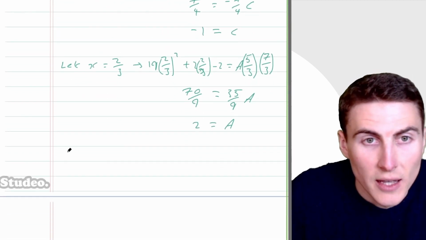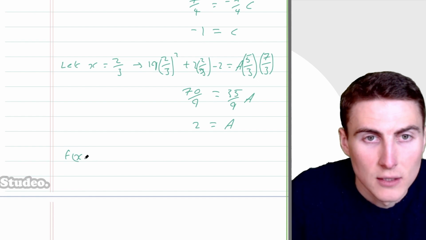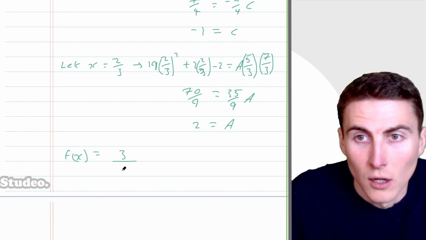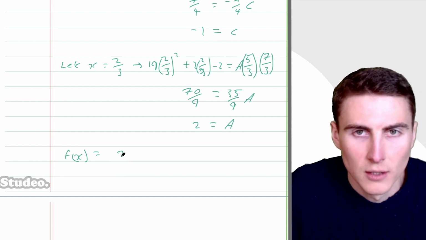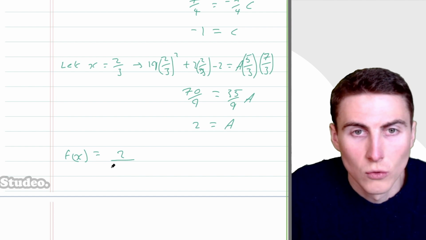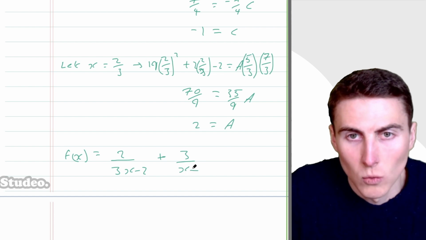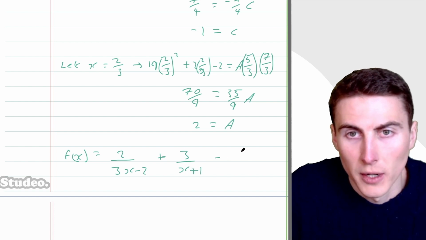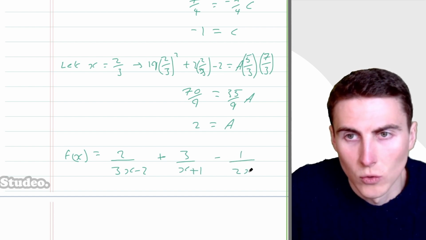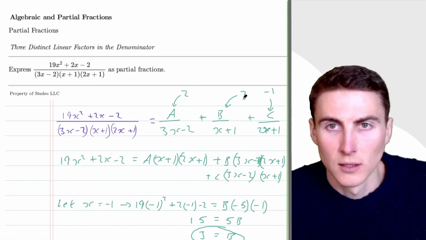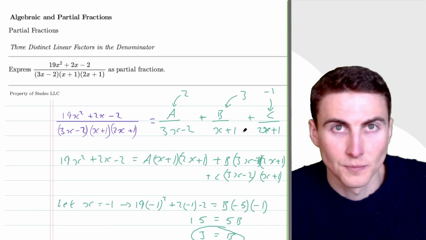So we can say that f of x is, sorry, not 3, 2, my bad. We just found 2. 2 over 3x minus 2 plus 3 over x plus 1 minus 1 over 2x plus 1. So that was just plugging a, b, and c into these.